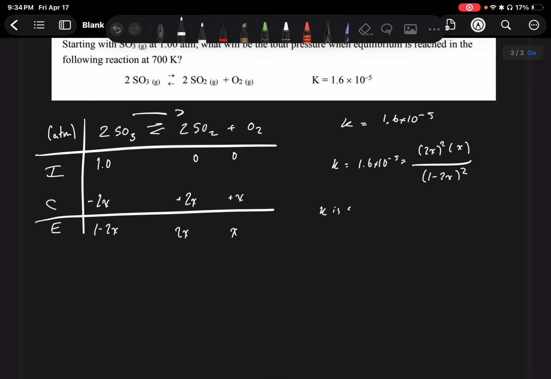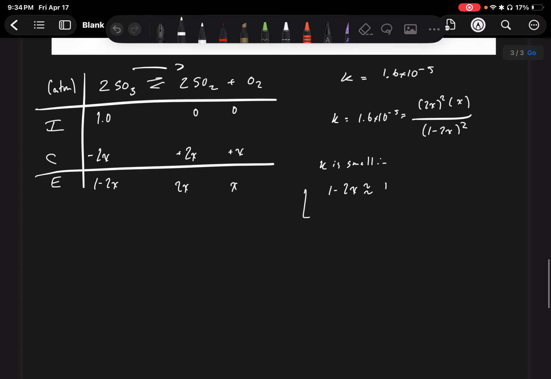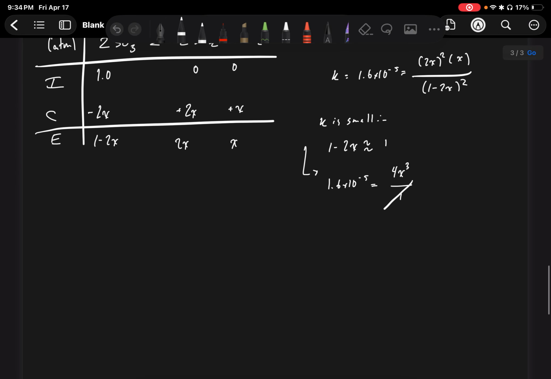K is small, therefore make the approximations that the reaction is not even happening, so 1 minus 2x is just going to be equal to 1. So therefore K, well that's not right there, 1.6 times 10 to the negative 5 is equal to 2 times 2 is 4. This is right.